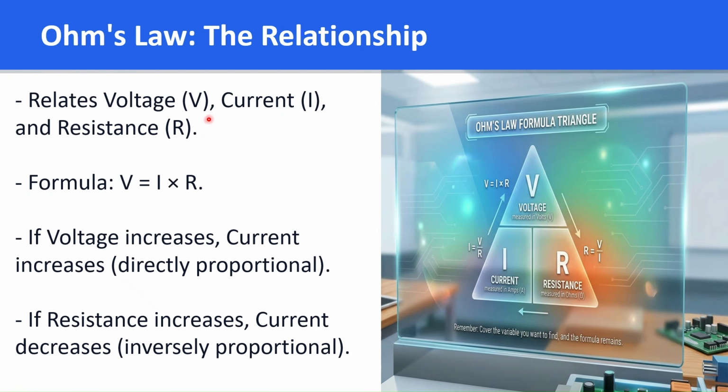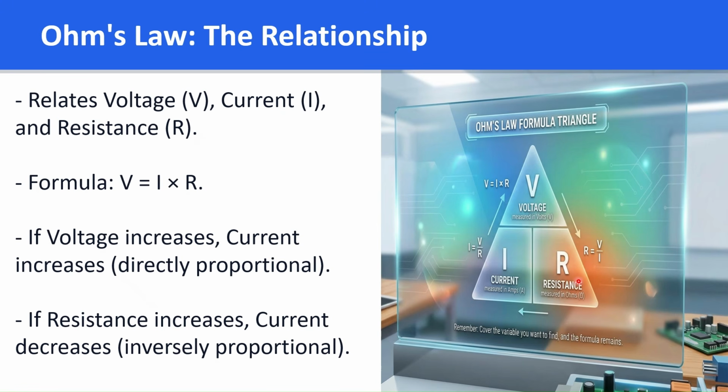Again, if you increase the voltage, the current increases also. But if you increase the obstacle, which is the resistance, the current decreases. We use the triangle V equals IR to calculate these values.